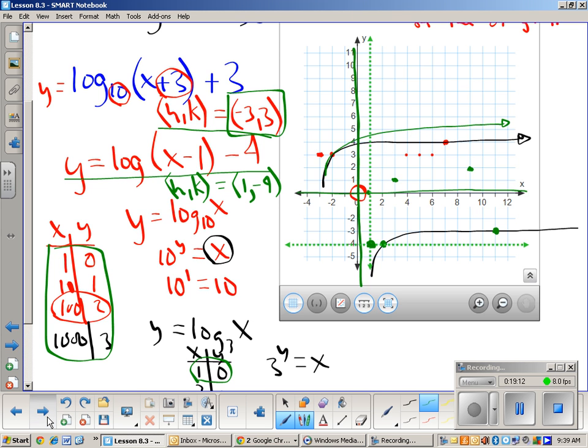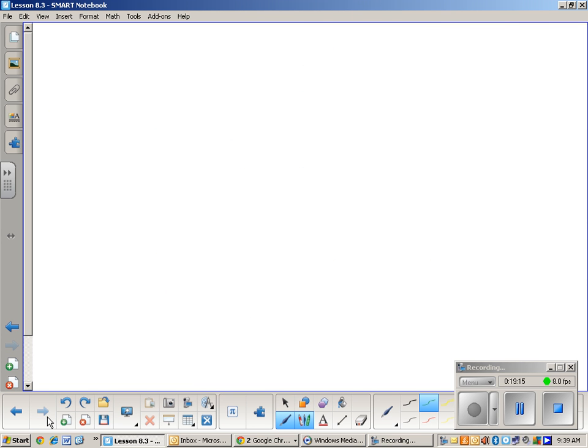Okay, I think that was it, but I want to do one more. Let's say I want you to practice this. Y is equal to log base 5 of x plus 1, minus 3. Okay?